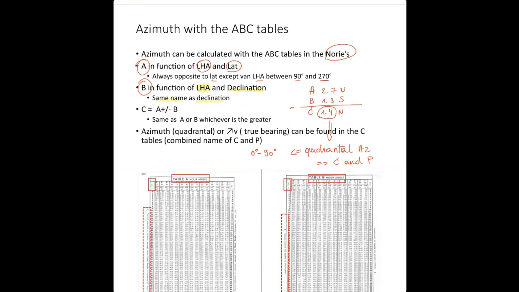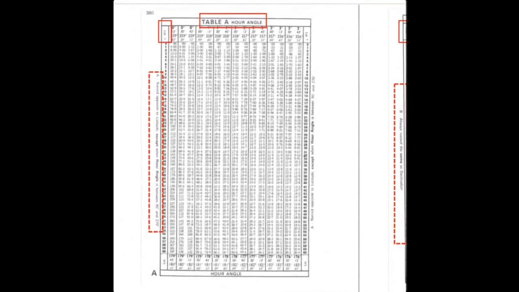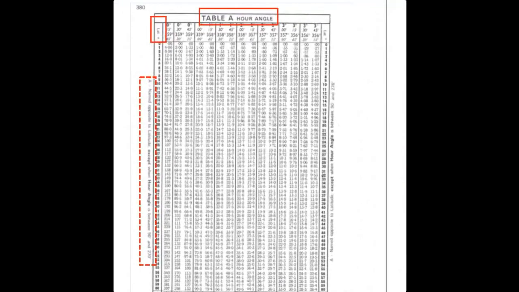So here, the first table is table A. I suggest again that you open your Norris and see here. This here is your latitude, and this here is the hour angle. All these angles here are hour angles.